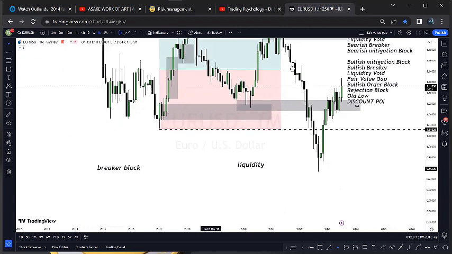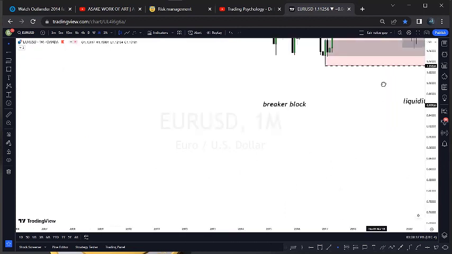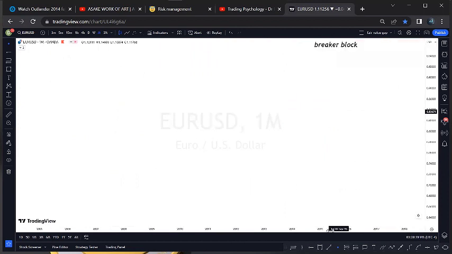Now, let me use this illustration. Let me use a diagram.